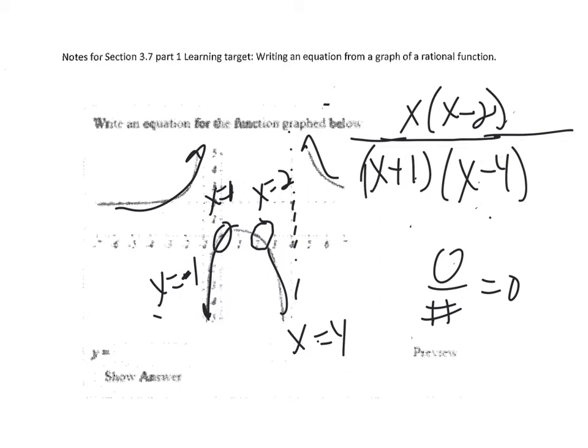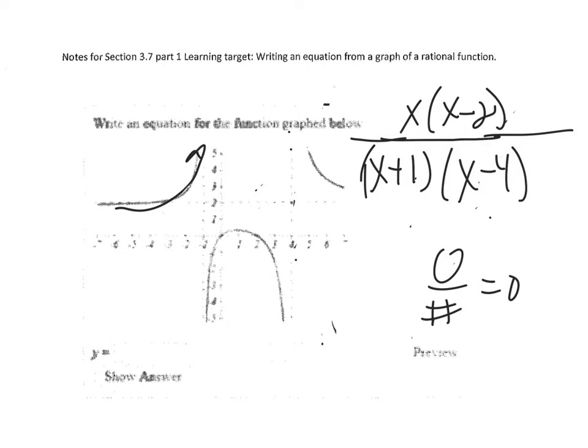Okay, and then here's the big so what. If I were to expand this all out, I would know the degree of the numerator, top of the fraction, would be x squared plus some other things. And the denominator would also be x squared plus some other things. So out at infinity, all those other things don't matter. It's the squared term that's going to dominate the whole equation, both top and bottom.